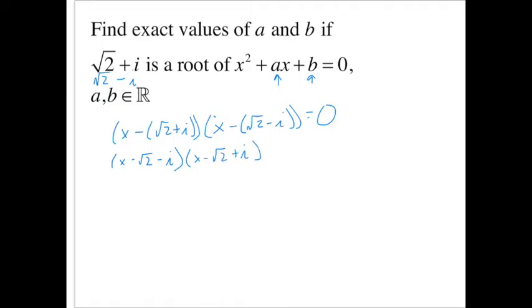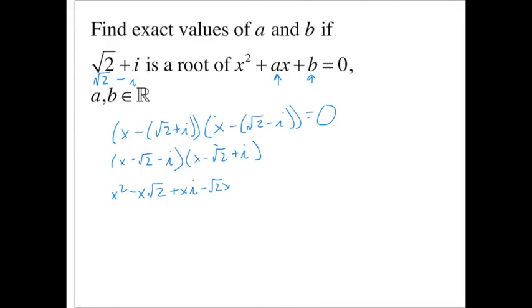You can expand this in the same way as we did the last one, or you can expand it this way. So x times x would be x squared. X times root 2 would be minus x root 2. X times i would be plus xi. Then I move on to the negative root 2. Negative root 2 times x would be minus root 2x.